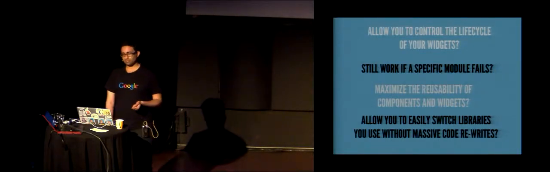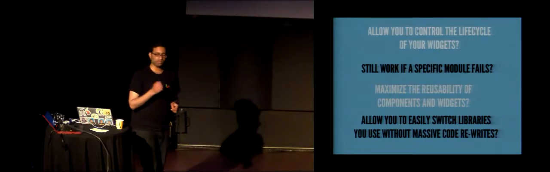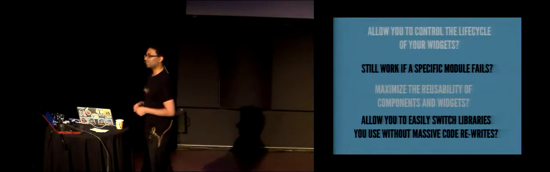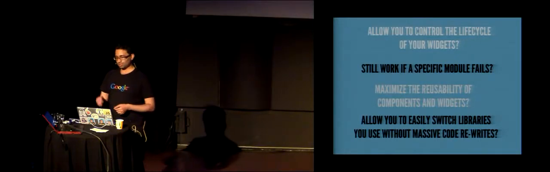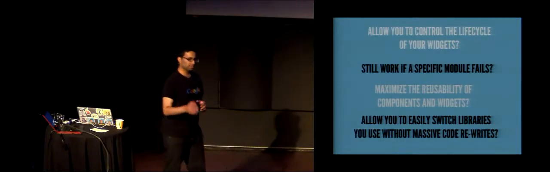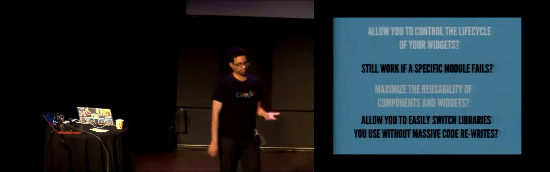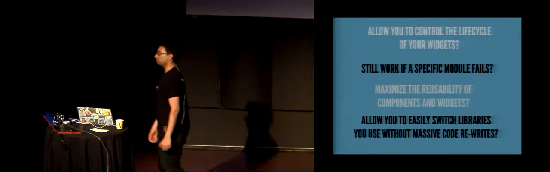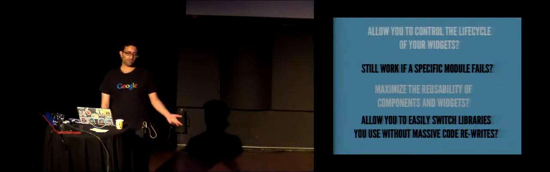Are you able to maximize the reusability of the components and the widgets that you write? And does your current architecture support allowing you to easily switch out the libraries you use without massive code rewrites later on? So let's say that a lot of us, we're JavaScript developers, we're going to be using templating, we're going to be using some DOM manipulation, probably going to be using some structural frameworks as well.